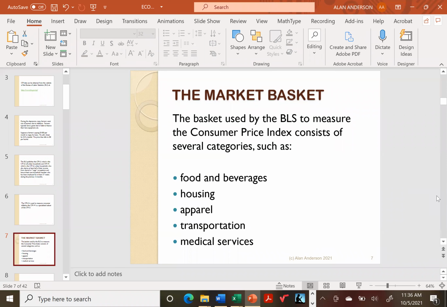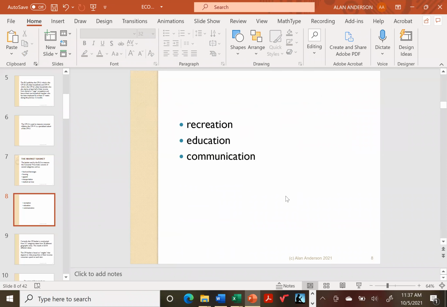And the market basket, as we started to discuss, that they use to measure CPI consists of several major categories. But again, they're trying to capture what kinds of things you normally buy in a normal year: food and beverages, housing, apparel, transportation, medical services, recreation, education, and communication.